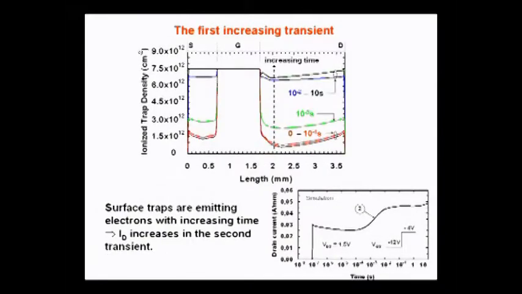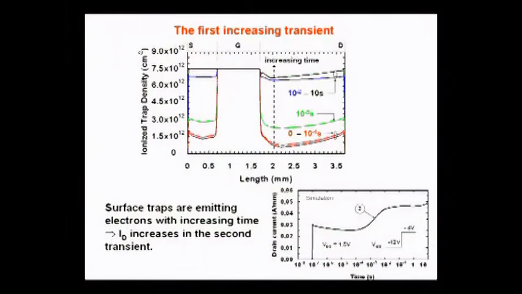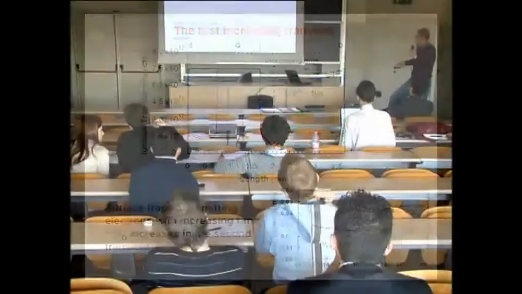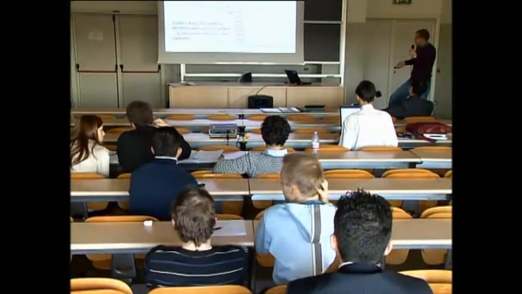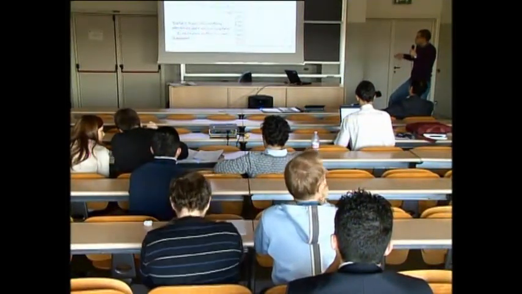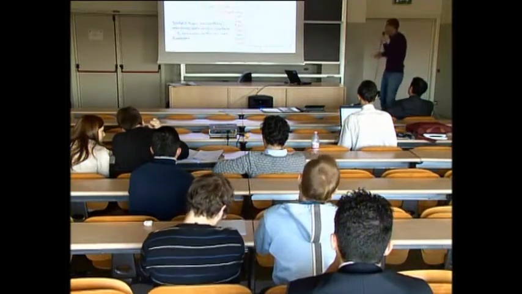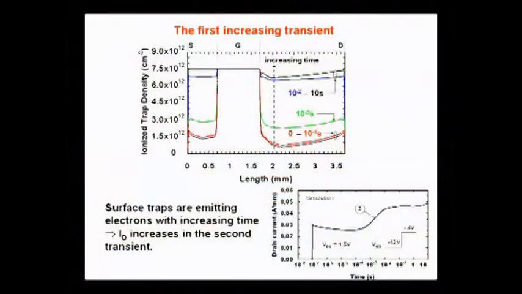Now, as far as the second transient is concerned, in the corresponding interval we can see that surface traps are emitting electrons. So we can conclude that the second transient is due to electron emission from surface traps.